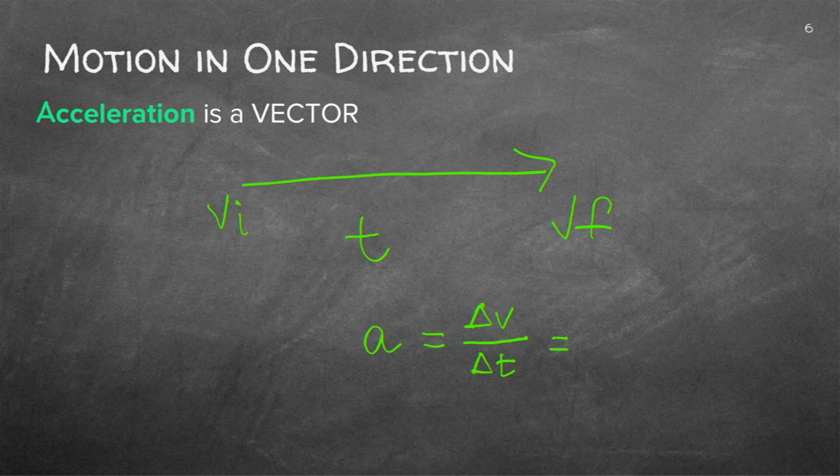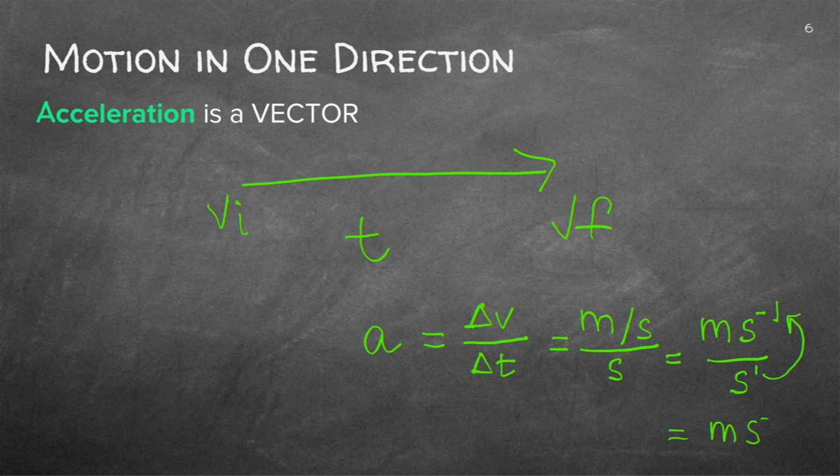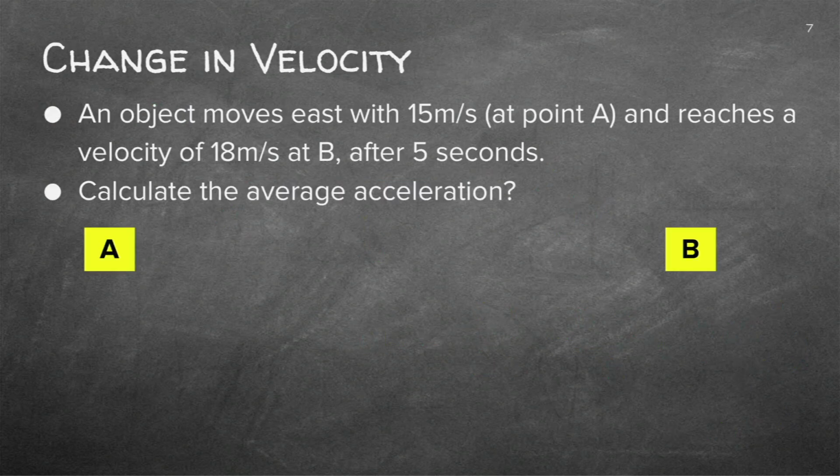And let's quickly have a look at the units. The velocity will be measured in meter per second. And remember, if you've got your exponents right, you will write it down like that. Over the seconds, and if I've got seconds there, it is to the power of 1. And you know your math will tell you that 1 will actually go up there and it will become meter per second to the negative square. So that's the unit of acceleration.